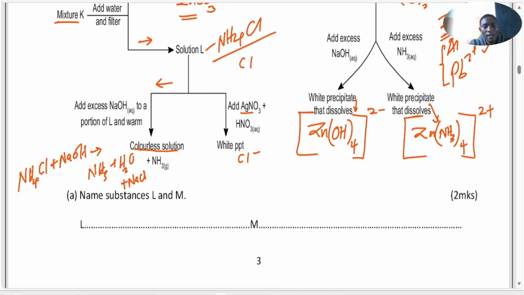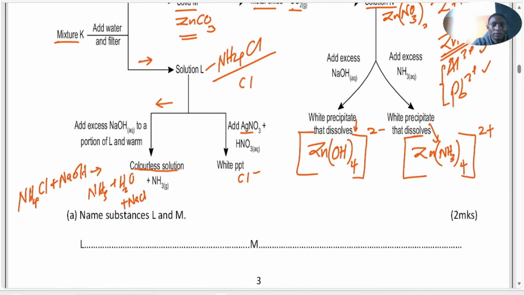Name substances L and M. L, we have said, is ammonium chloride. And because I've been taught to name, I will not write a formula. So just write the name, ammonium chloride. This will be awarded 1 full mark.